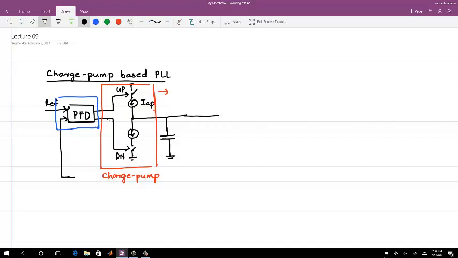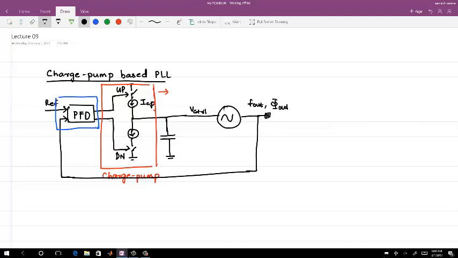Once that gets integrated, it goes to an oscillator as a control voltage, V control. So right now in our PLL only these blocks exist. The output frequency is F out, the phase is phi out, and the output is a voltage signal.